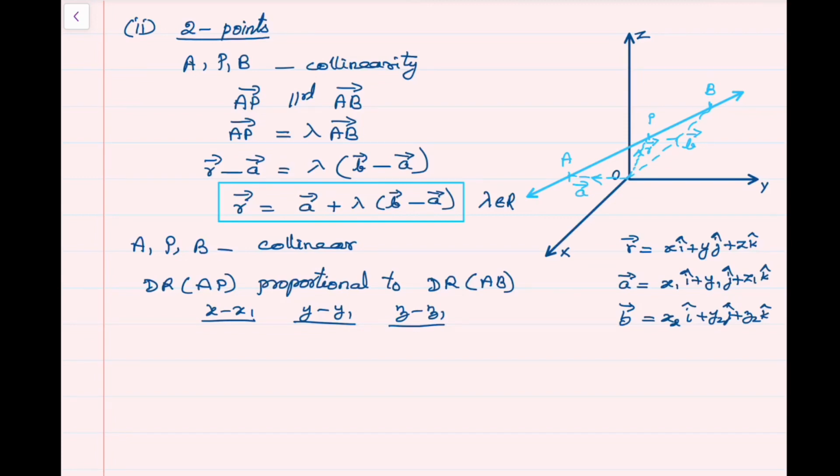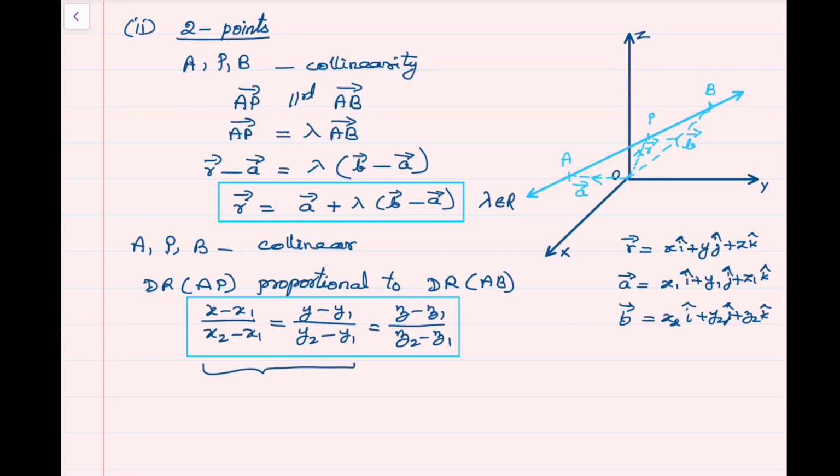Let us do B minus A: x2 minus x1, y2 minus y1, and here z2 minus z1. This is the two-point form of a straight line. In 11th standard, we had the two-point form of a straight line. In 2D, we had this equation without the z coordinates.